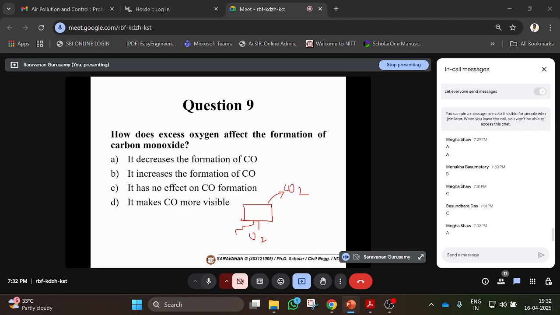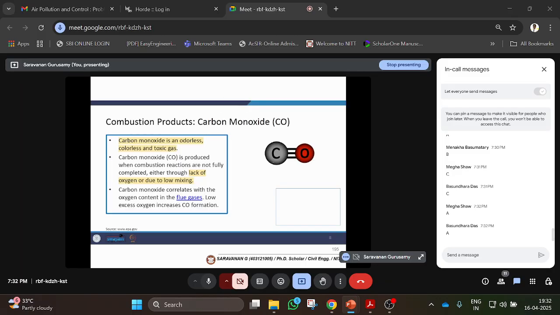If I have only partial oxygen, I'll get CO. With excess oxygen, CO will be reduced, because the major source of CO is incomplete combustion of organic matter or fuel. With complete combustion and excess oxygen, there is a decrease in CO formation. Carbon monoxide's source is lack of oxygen, low mixing, or incomplete combustion.